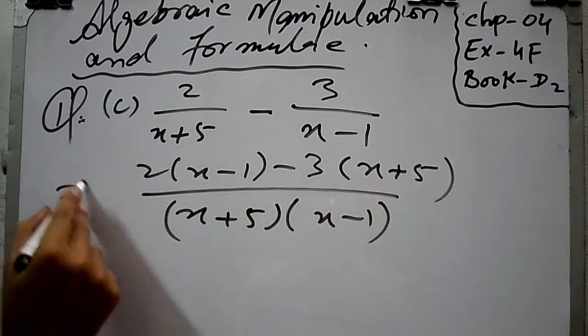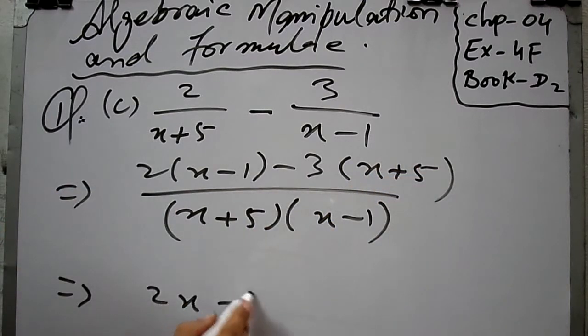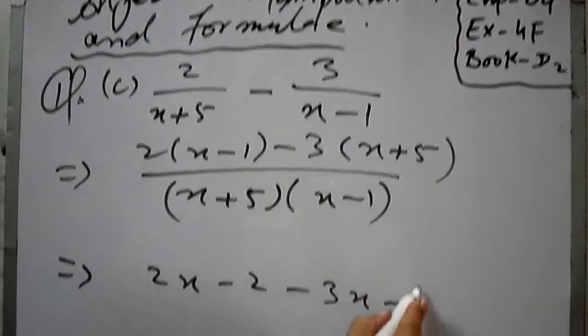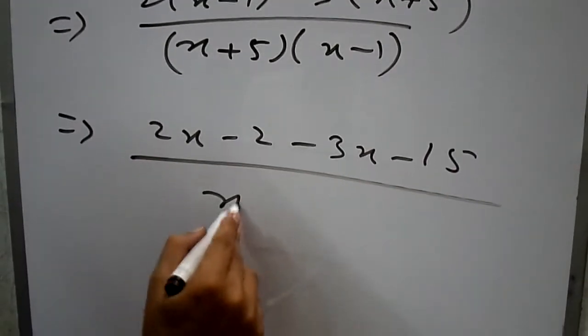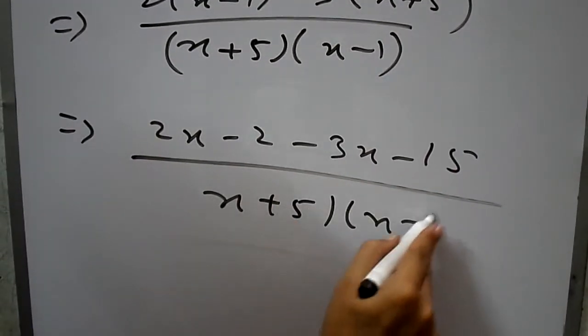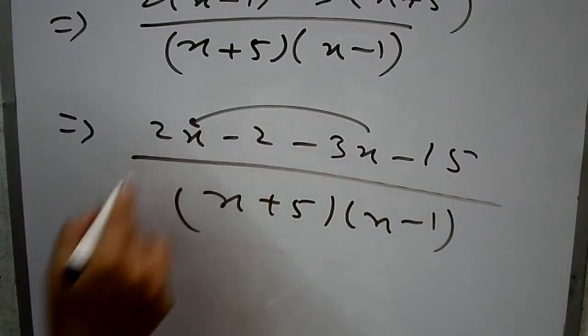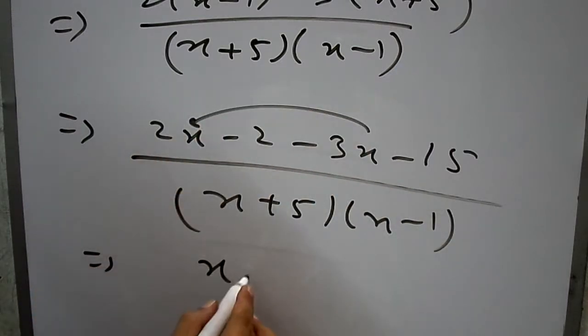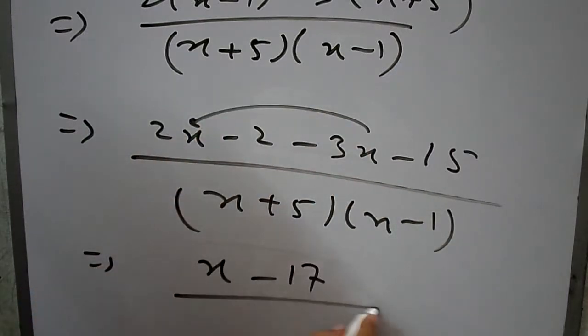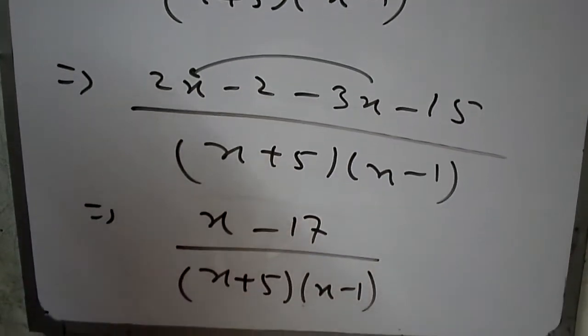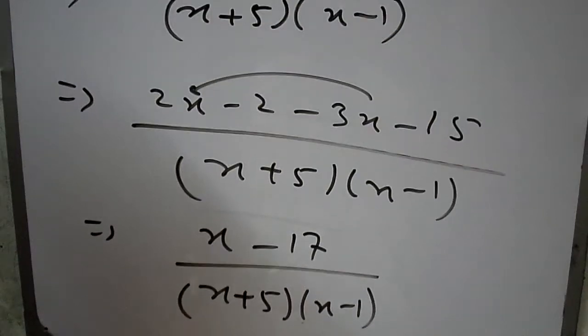You will get, that is your first step, simplify it. Similar terms you will get x minus 17 divided by x plus 5 into x minus 1. So that is your simplified form.